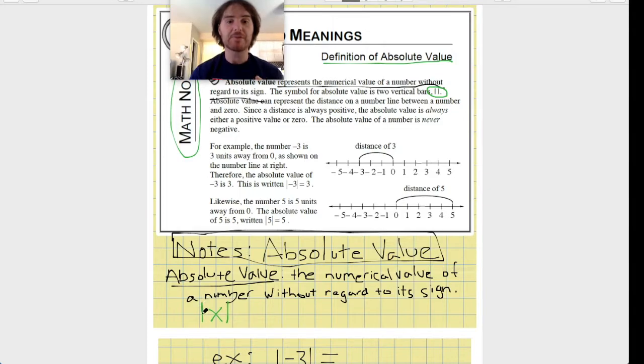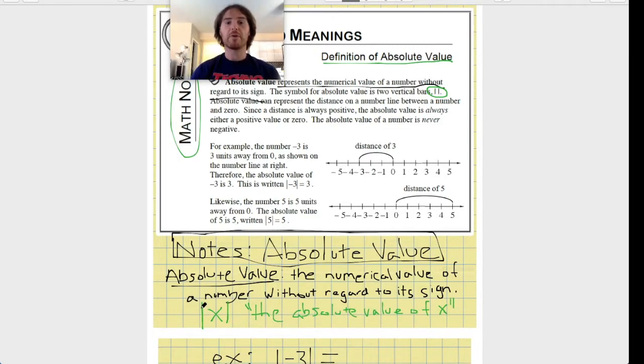And if it has absolute value bars outside of x, we would know it's either 0 if x is 0, or a positive number: the opposite of the number if it were negative, and the same number if it were positive. If we are reading the math, one thing you'll do this year for sure is reading the math. If I have my absolute value bars and x in the middle, this would be pronounced as the absolute value of x.